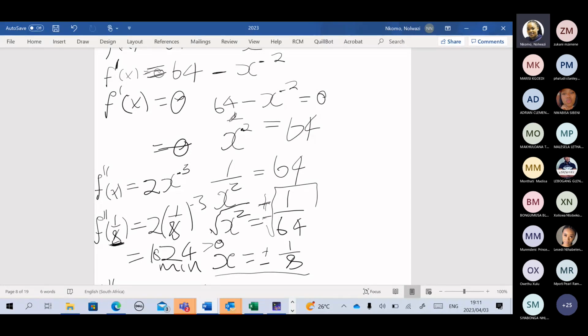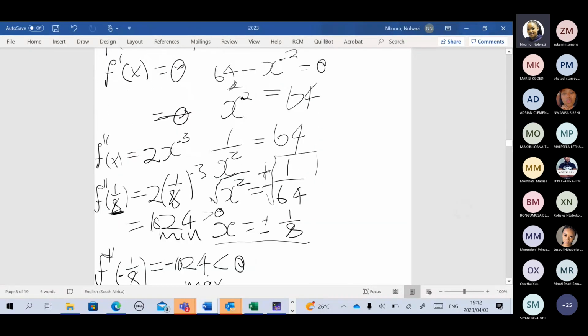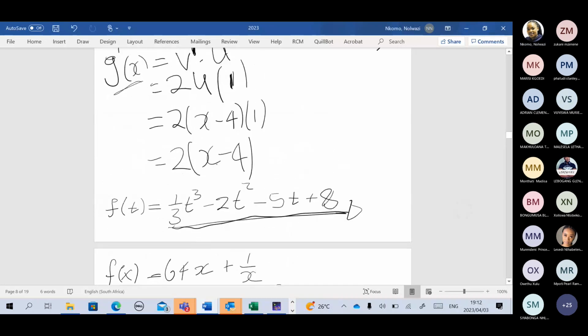But the corresponding value is not that important unless you are asked to find it as a coordinate, not just as an x value, maximum x value or minimum x value. Okay, please don't forget to do this one as a practice.